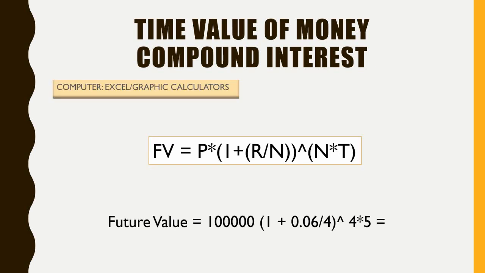So in this case, I show you how to do it on Excel because that is exactly why this class, you're supposed to actually have the Excel class prior to this, or if you already have the Excel experience, this is the formula that you're going to be needing to use. And in this class, remember, we will be using Excel.